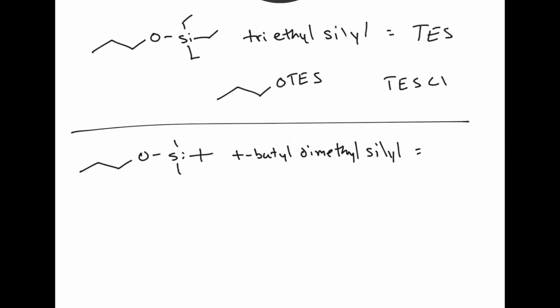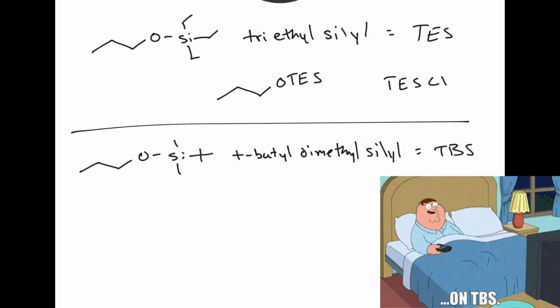So this 99% of the time is abbreviated TBS. Every so often you'll see someone who's super fancy and they're like, oh no, this is TBDMS, and they put all the letters in there. But for the most part, we talk about the tert-butyl and you know what the rest of it is, so we're just going to call it TBS.